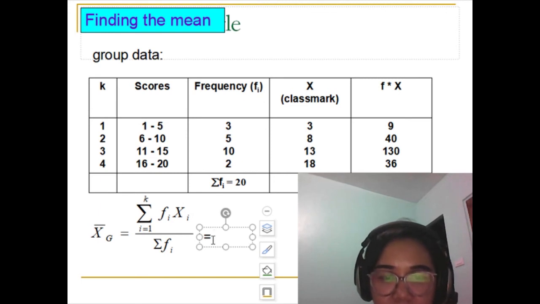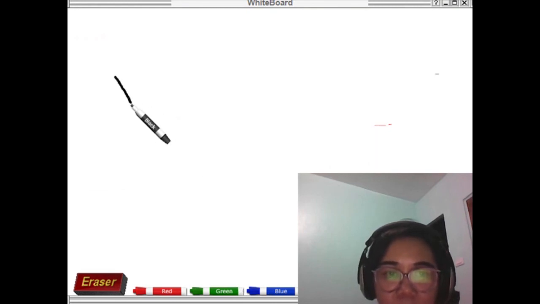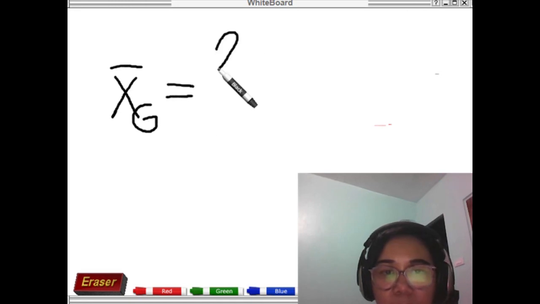Since it is difficult to write a function here, we will use a virtual whiteboard. So x bar sub g equals 215, our numerator, the sum of the product of frequency and class mark.